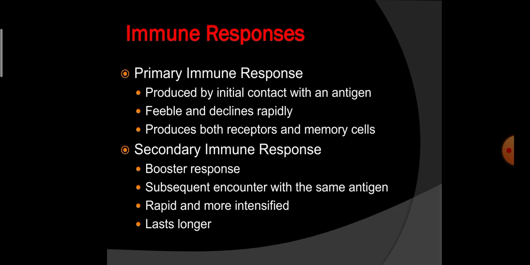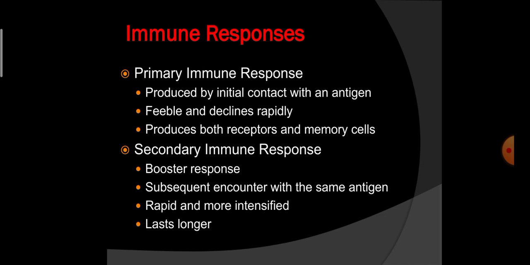Next is secondary immune response. In secondary immune response, it is the immune response to a subsequent encounter with the same antigen. If there is a second encounter or more with the same antigen, then it is called secondary immune response.